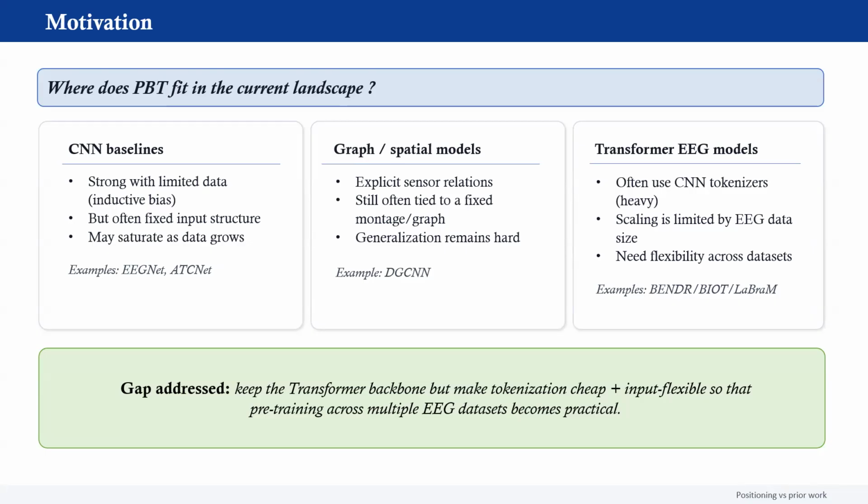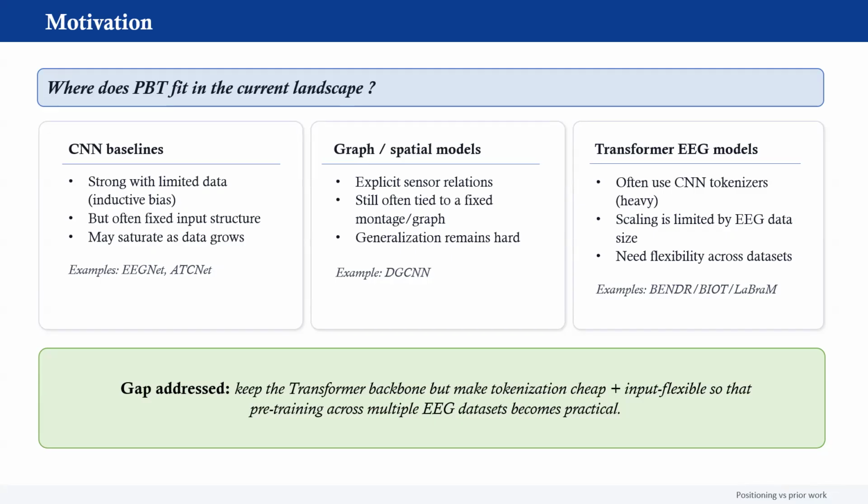These models benefit from strong inductive biases, so they have local filtering and hierarchical feature extraction, which often makes them reliable in small data settings. However, they are typically designed around a fixed input format, specific channel layouts and specific time lengths, and their performance can generally stagger when the objective is broader transfer or scaling across data sets.